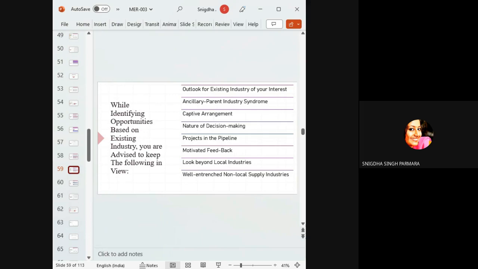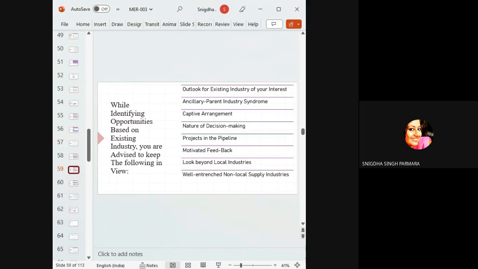So while identifying such opportunities, this needs to be kept in mind by the entrepreneur, whether the poor performance of an industry in a particular locality or area is because of the poor relationship that it possesses with its holding company or with its parent company.